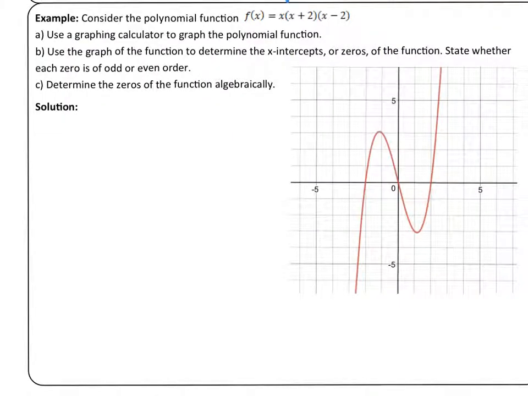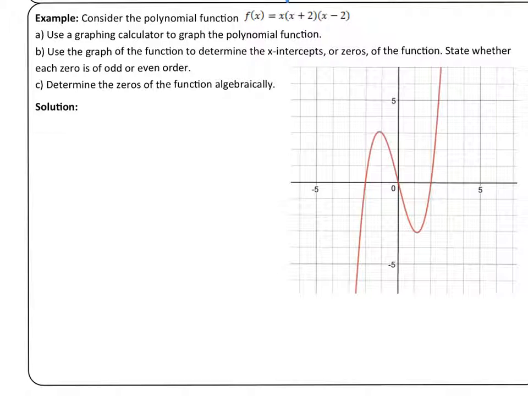Okay, so let's look at this example and I'll go through some of the things. We're going to consider the polynomial function f of x equals x times (x plus 2) times (x minus 2). The first thing it wants us to do is use a graphing calculator to graph the polynomial function. I used Desmos and I put the graph in here, and here is what it looks like.